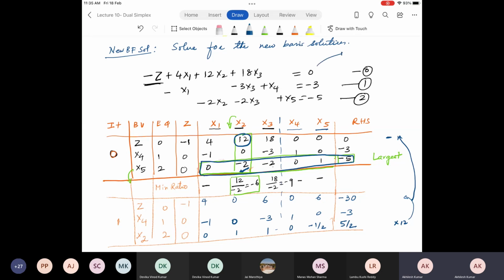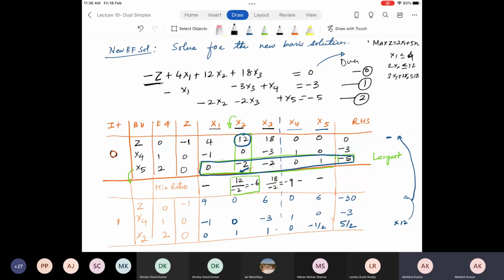You already know the dual of this problem. Maximize g equals 2x1 plus 5x2, actually the window glass problem: x1 is less than or equal to 4, 2x2 is less than or equal to 12, and 3x1 plus 2x2 is less than or equal to 18.